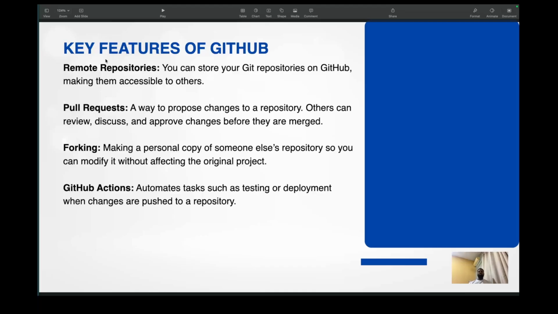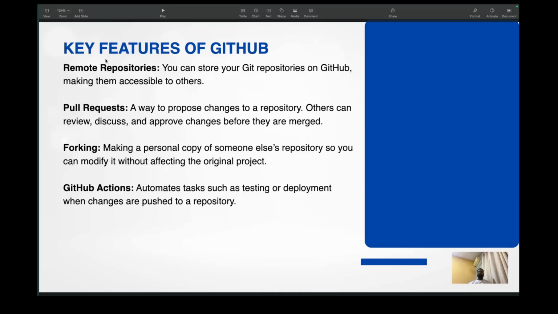And then we also have pull requests, a way to propose changes. Pull requests are basically a way to propose changes to the repository, and others can review these changes, discuss them when further clarification is needed, and once the changes are approved, you can merge them to either a production or a staging environment.